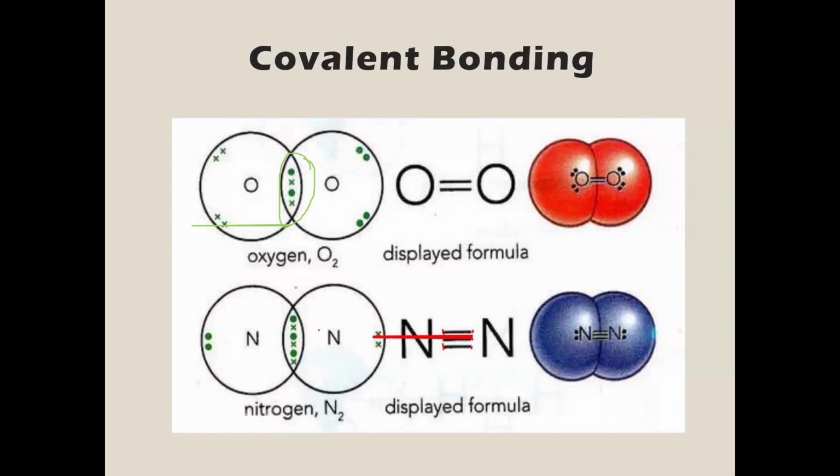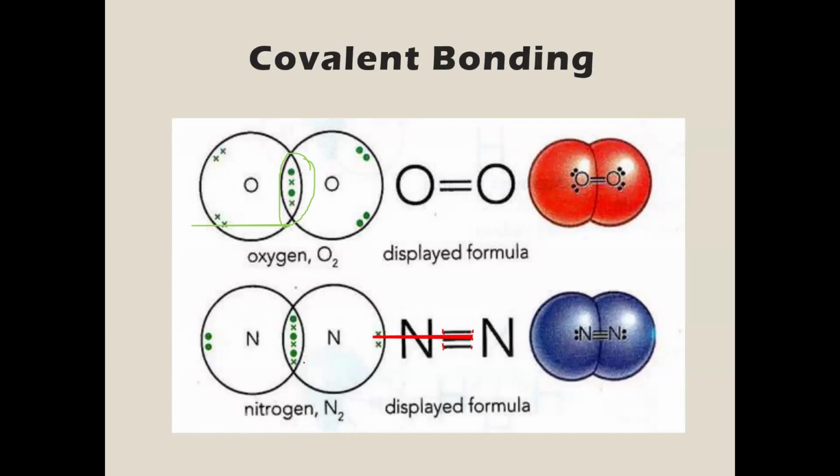Nitrogen, the atomic number of nitrogen is 7. So it will be distributed as 2 and 5. The outermost shell of the nitrogen atom will have 5 electrons, so it will need 3 more electrons. Every nitrogen atom will need 3 more electrons to reach the octet rule.